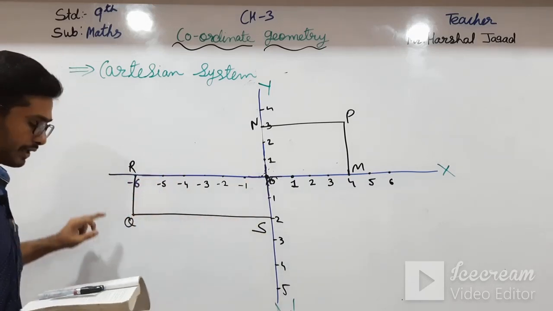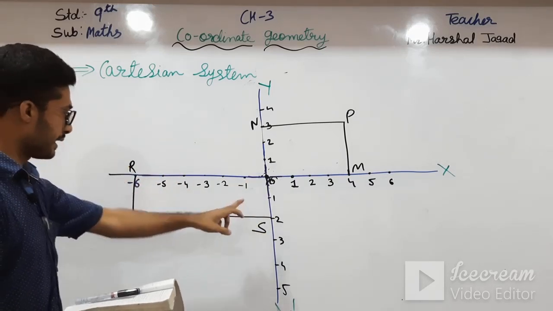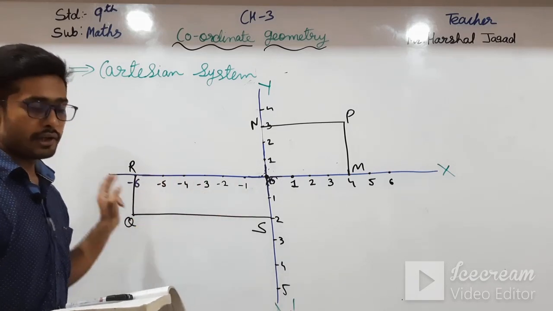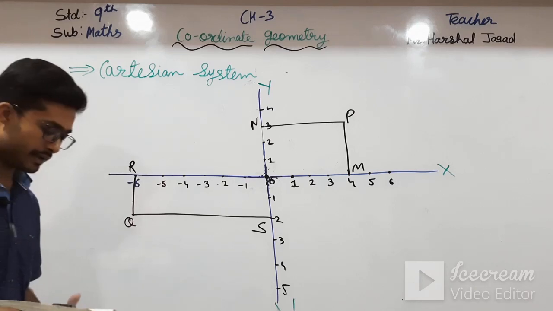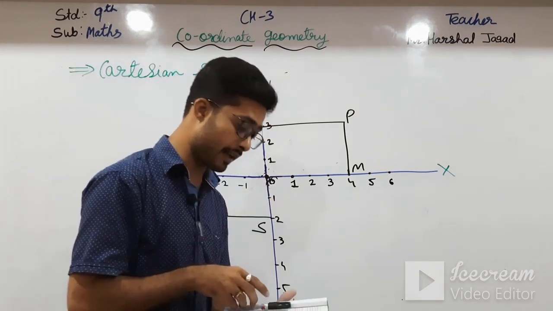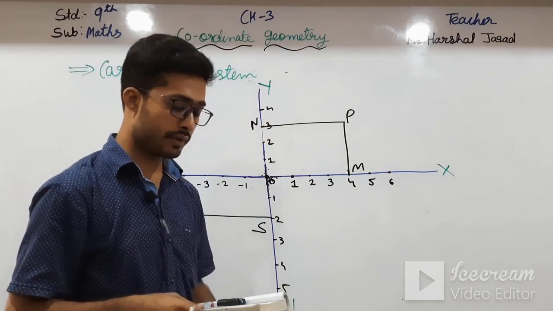OS and RQ is equal to 2 units. These are 6 units.